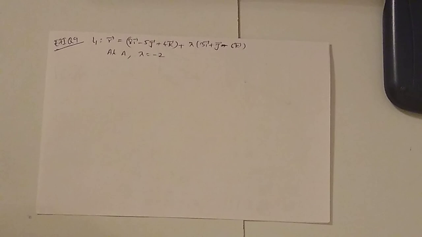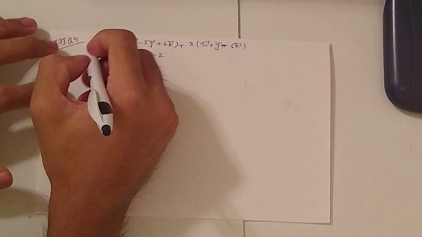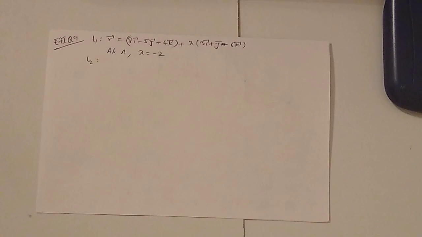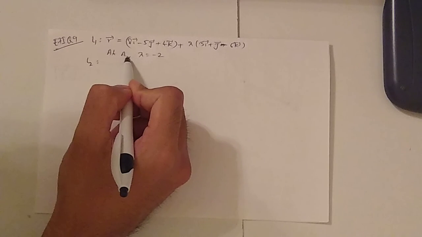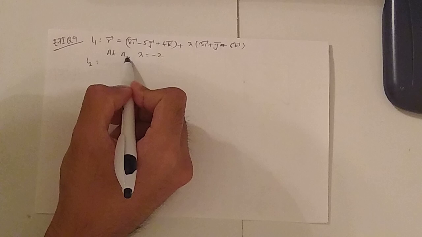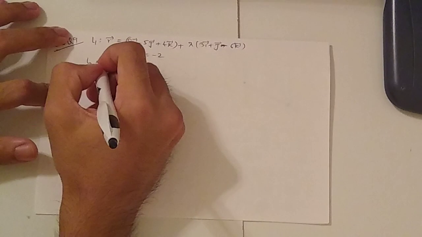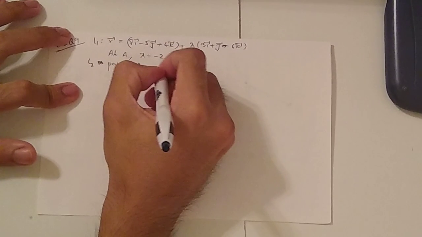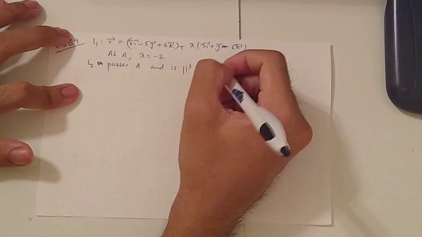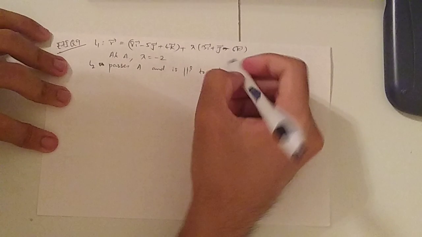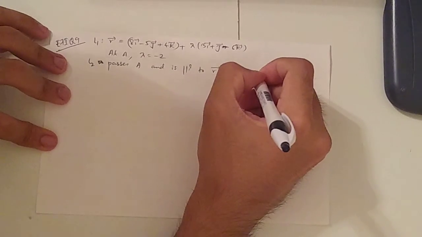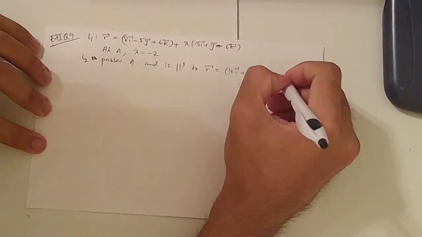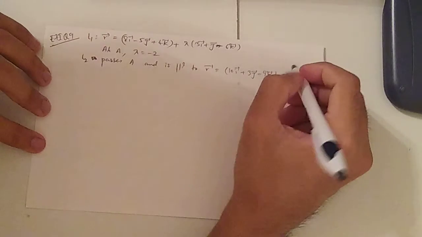lambda equals minus 2. And the line L2 passes through A and is parallel to the line given by the equation r equals 10i plus 3j minus 9k plus lambda times 2i minus 4j plus k.